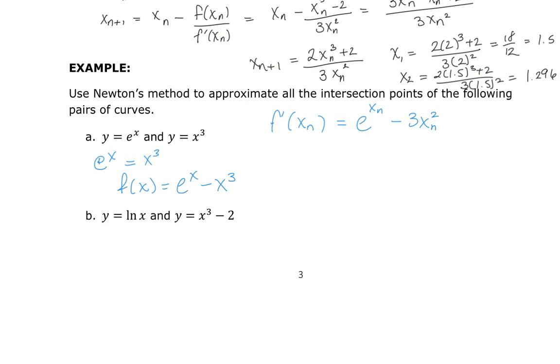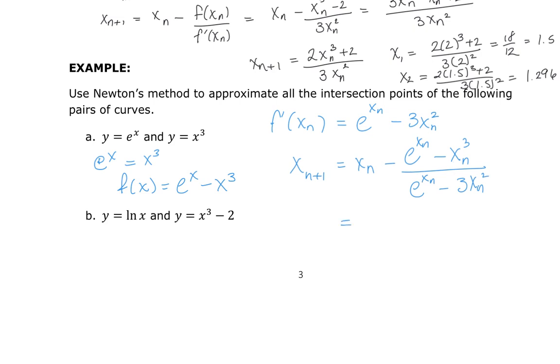And then that will tell me that x_(n+1) is going to be x_n minus the original function, so that'd be e to the x_n minus x_n, the quantity cubed, over e to the x_n minus 3x_n squared.